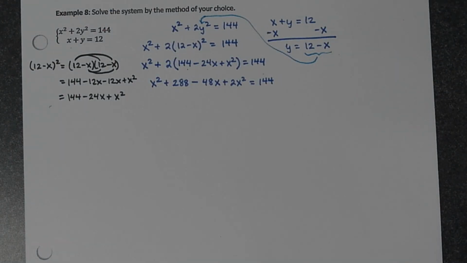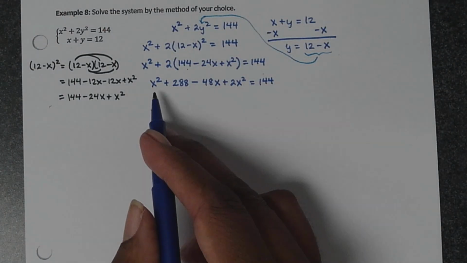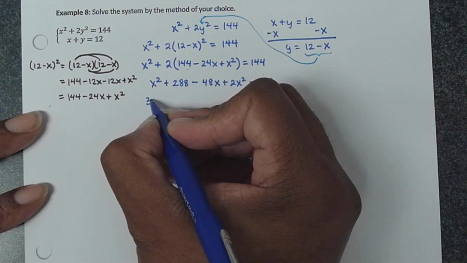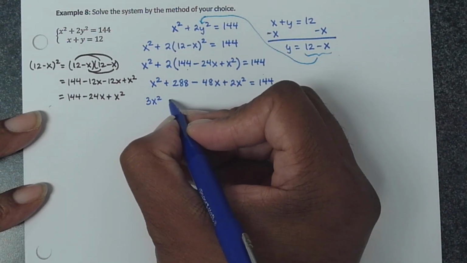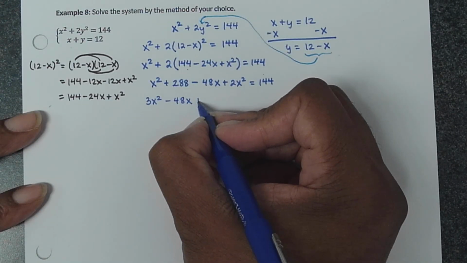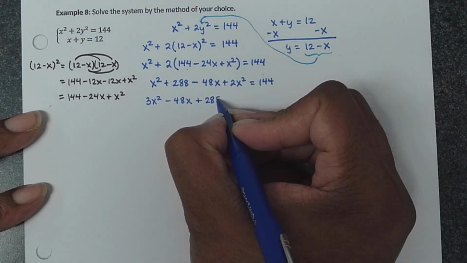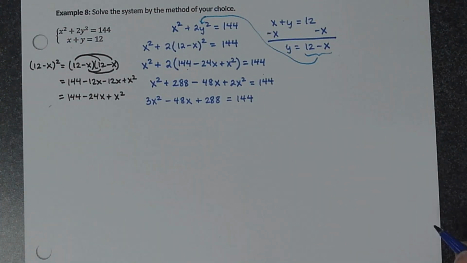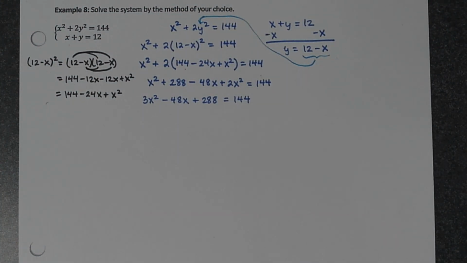Now let's go ahead and combine some terms here if we can. That 1x squared and that 2x squared will be 3x squared. I'll write this in descending powers, minus 48x, and then plus 288 is equal to 144. And as you can see, we do have a quadratic equation.